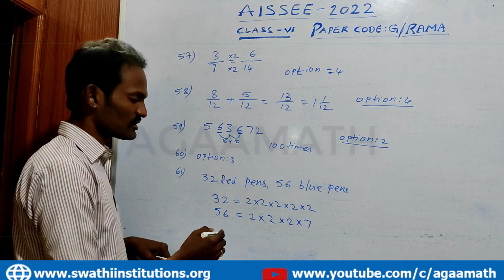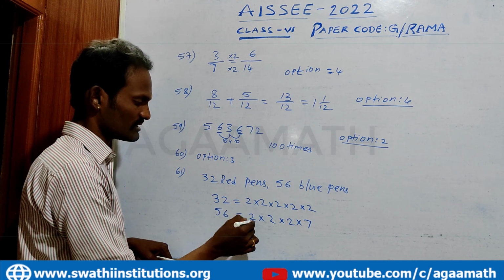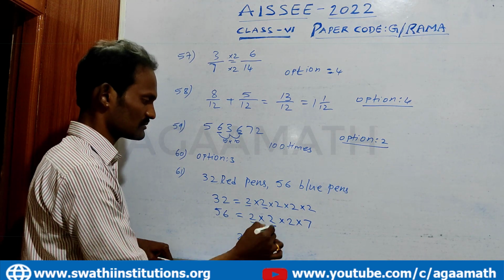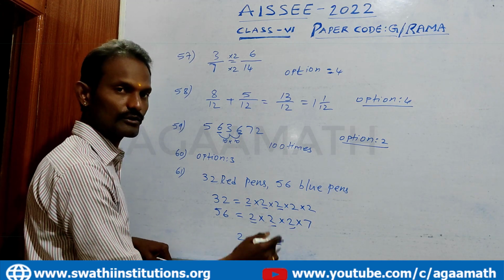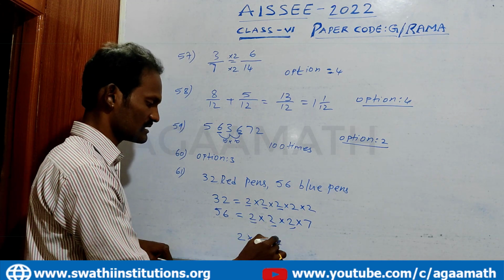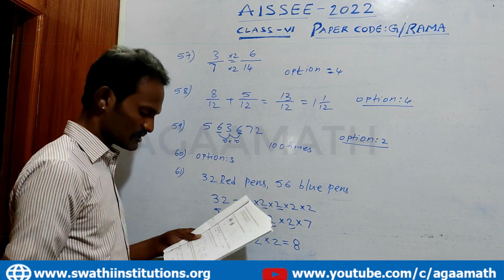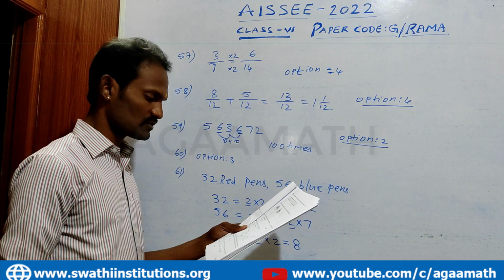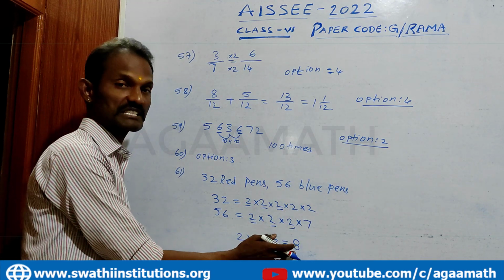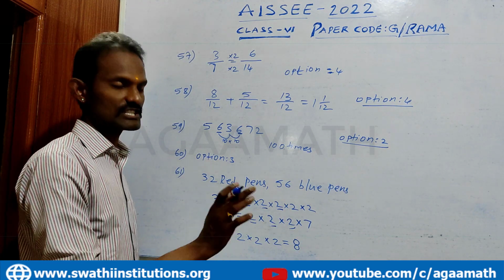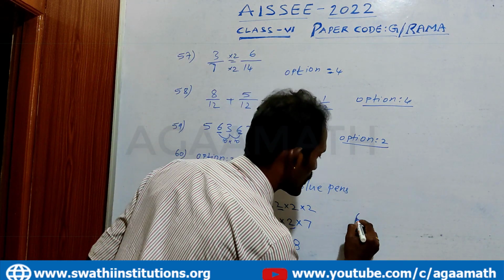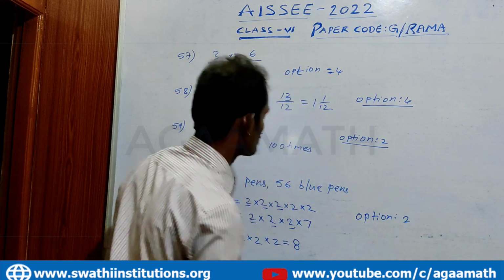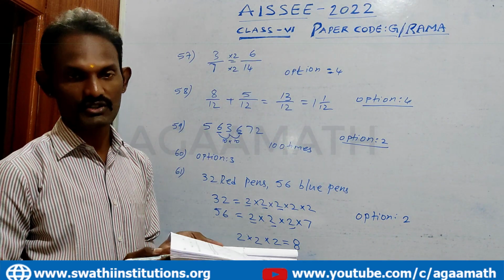To find the greatest possibility, you just take the common factors: 2, 2, 2. No more. So we just multiply them, that equals 8. So the answer is 8, that is option 2. So how many pens would be there in the biggest packet? Maximum 8 in each packet. So option 2. These are the answers for the 61 questions.